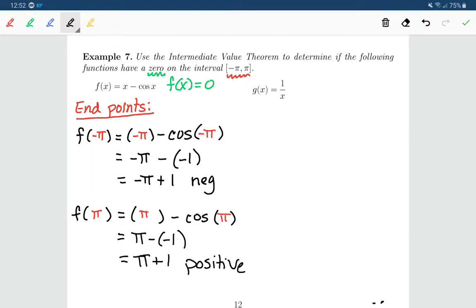This is exactly the result we were hoping for, so that we can show that there's a 0 for f on the interval between negative pi and pi.